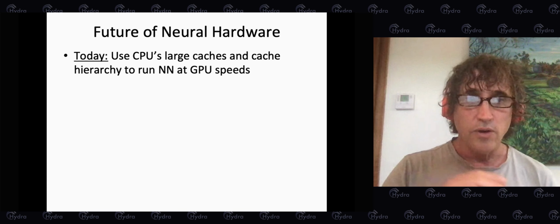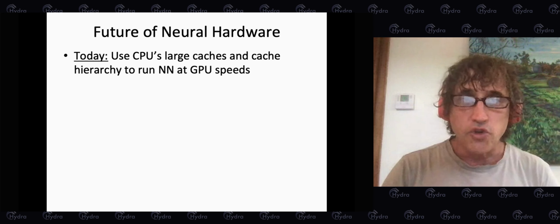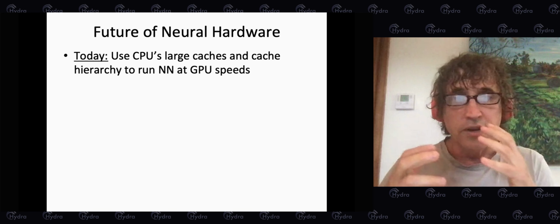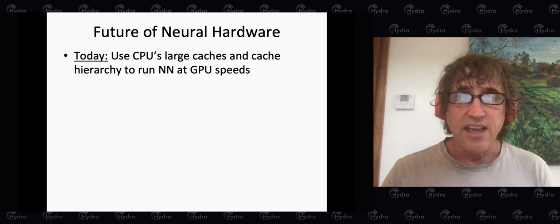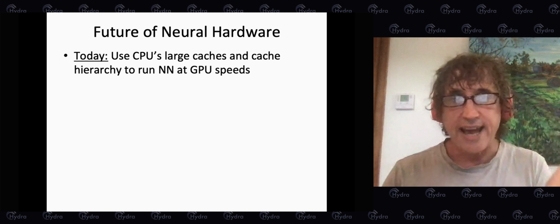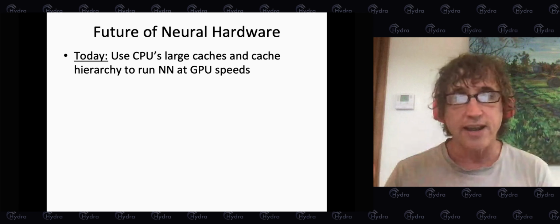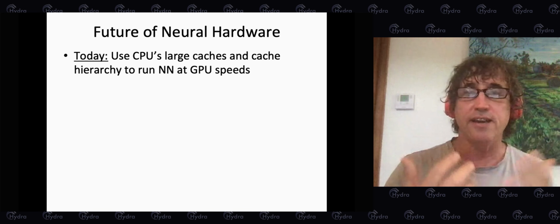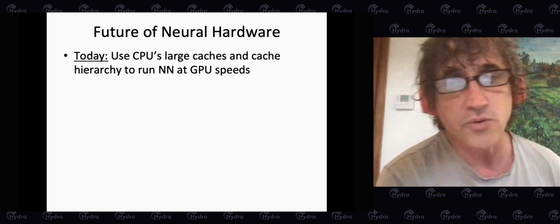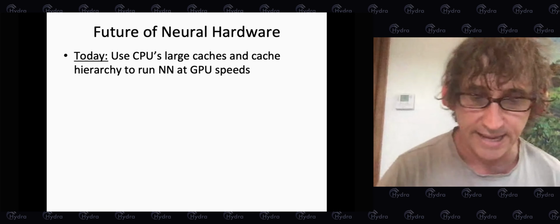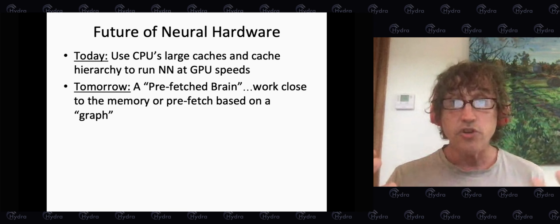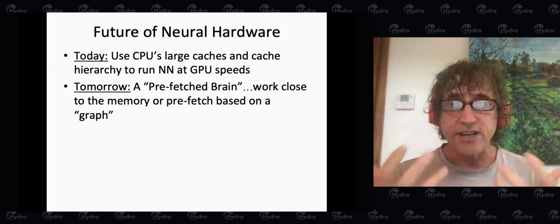So, if you want to think about the future of hardware for machine learning, what I'm saying is: today, use the CPU's large caches and large cache hierarchy to run neural networks by using sparsity and executing inside the caches in a sophisticated way. And tomorrow, in the future, let's build the right hardware.